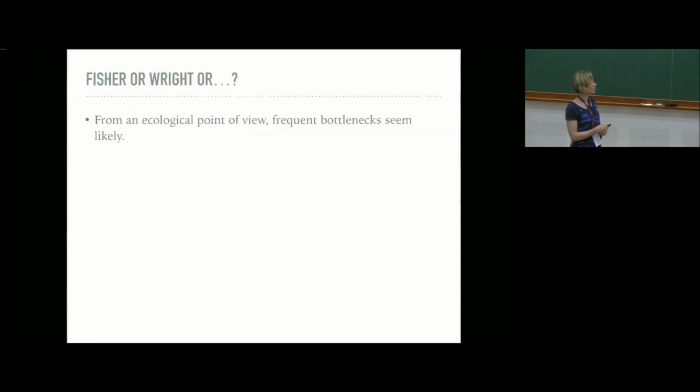If we go back to our question, like, okay, Fisher or Wright, I think there's still a lot of potential to study different ways of describing adaptation and quantifying epistasis, and also figuring out what actually affects evolution, even if we knew everything about molecular interactions and so on.